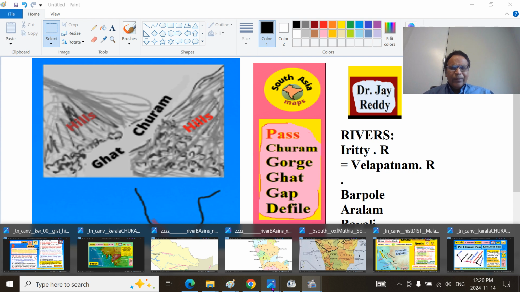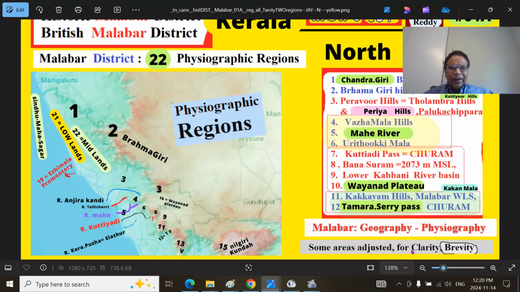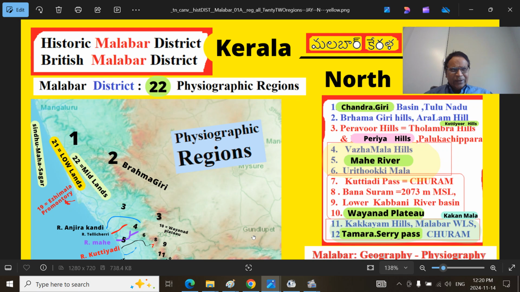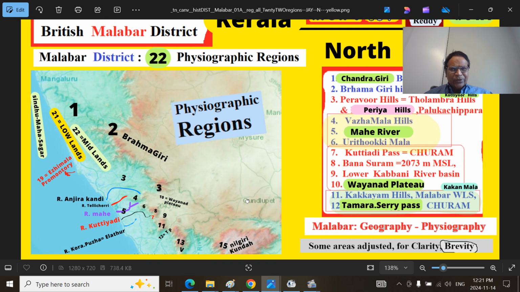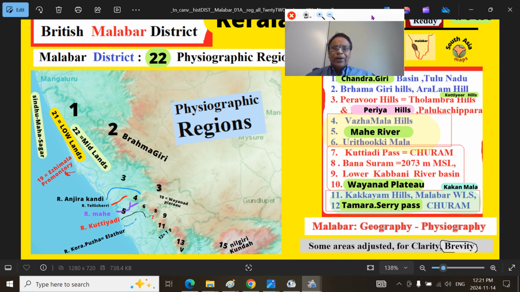And before that, friends, I have also posted extensively on the geographic features of the North Malabar region, that is the historic British Malabar district. You have to have some clarity on that. That will help you to grasp this important Ghat section region.